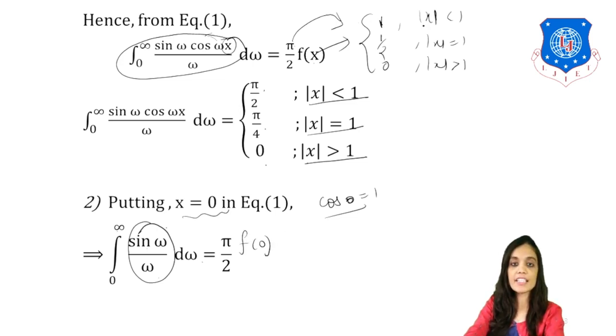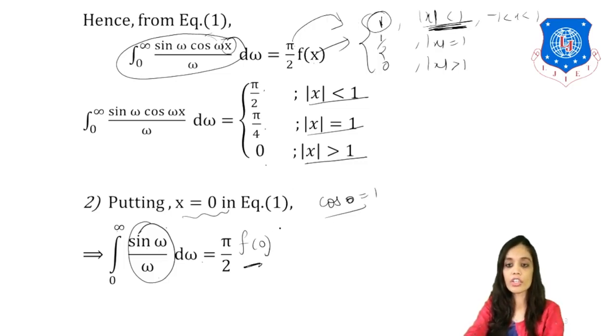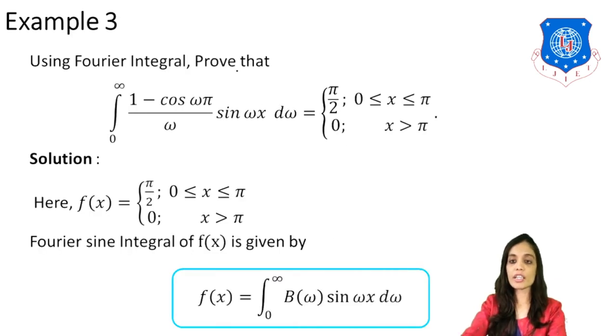But 0 lies in this interval, that is minus 1 less than x less than plus 1. So our f(0) value will be 1. So our final answer of this integral is pi by 2.